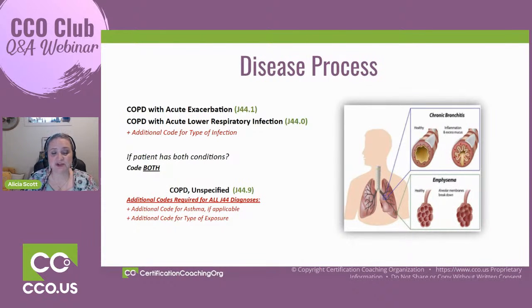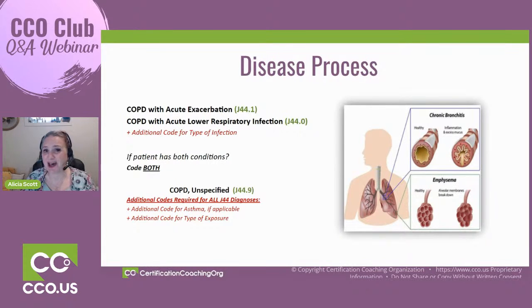So you would code J44.1 and then J44.0. So we have COPD, and it's in an exacerbation state. And in addition, we have a lower respiratory infection. And we may have a code to identify what that respiratory infection organism is. So, boom, three codes right away.